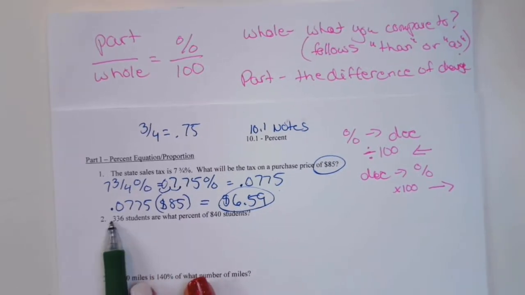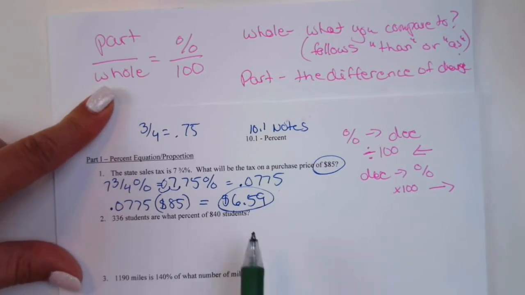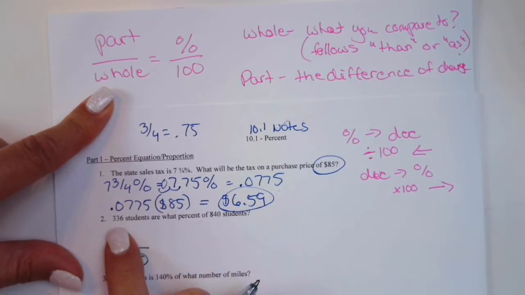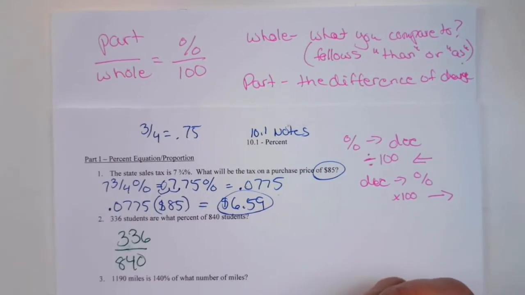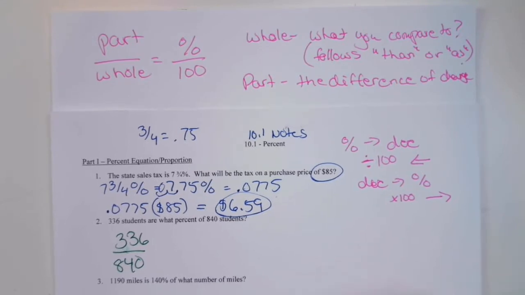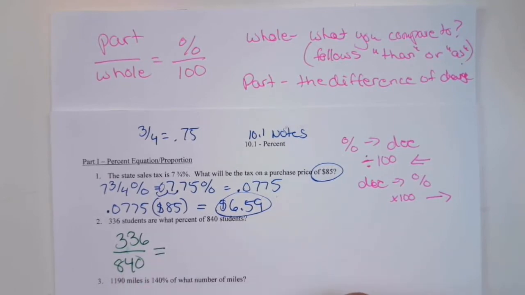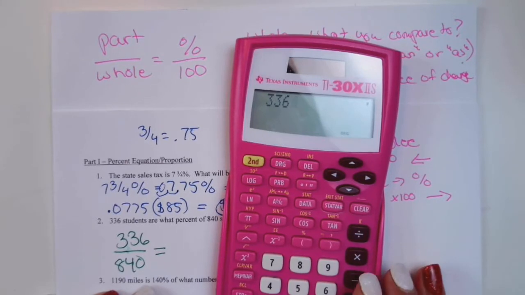So 336 students are what percent of 840 students? The whole here is the 840. 336 is the part. That is what we're comparing it to. And now, we can just do this like it is and do the calculation. 336 divided by 840.